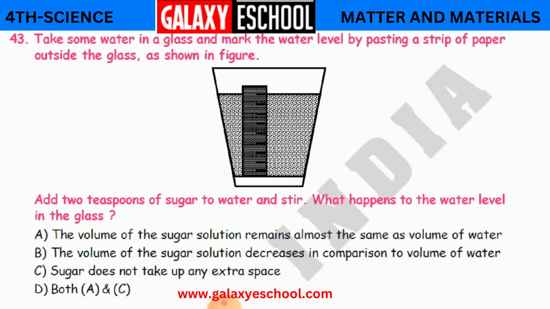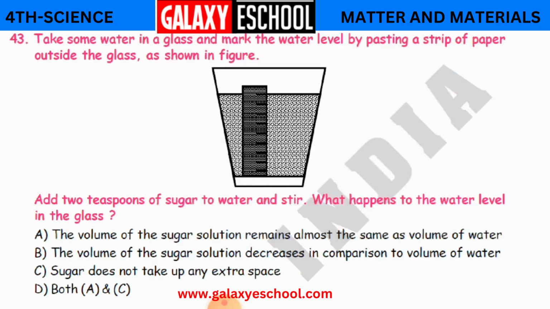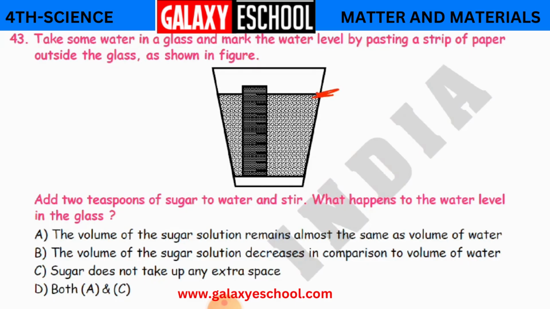So again, in this experiment, children, you have to take water in a glass and mark the water level. So until what level was the water first when you poured it in the glass. And now you just add 2 spoons of sugar to it. Now again you check the water level. So it was this much. Now check what will happen to the volume of water.